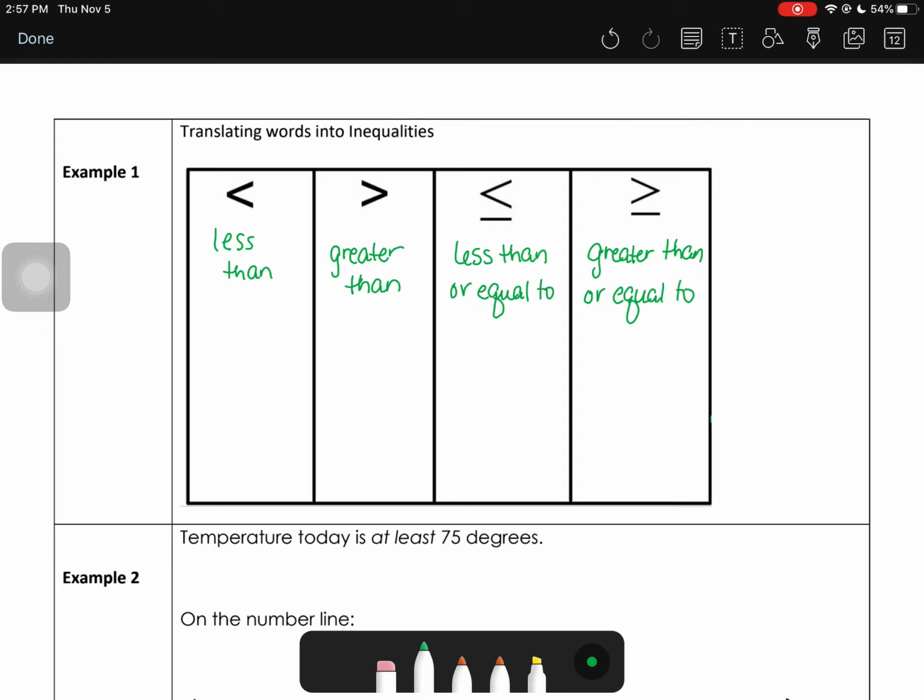But there are other words that we could describe for some of these symbols. For example, when we say it's at least, it means it could be that or more. At most could mean that it's that number or smaller. Greater than, we could say more than.